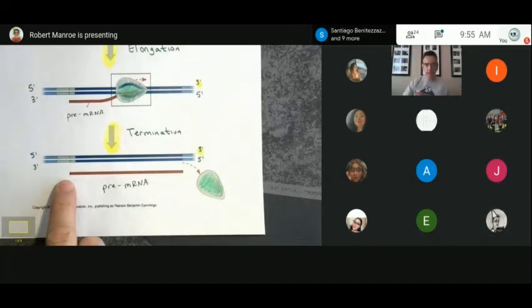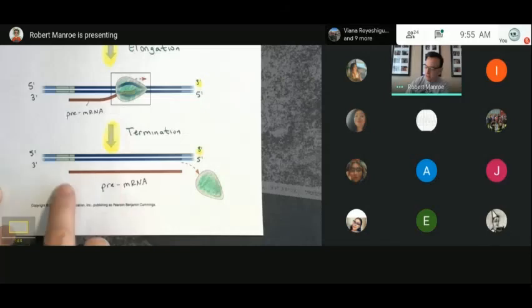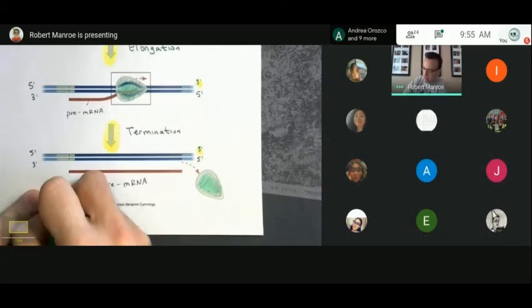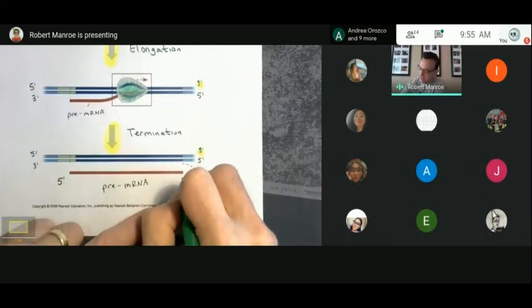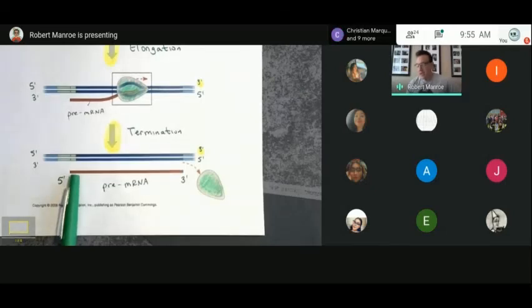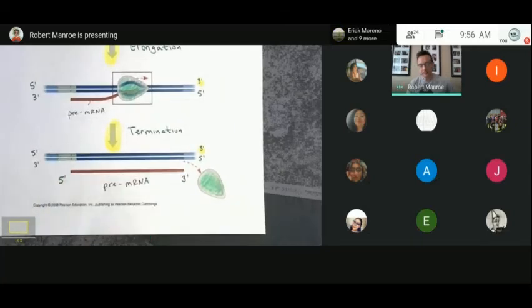Since this transcript is complementary to this bottom DNA strand, this end is the 5 prime end. Which then, when we talk about translation on Thursday, when the ribosome attaches to the beginning of the messenger RNA, ribosomes read the mRNA from here to here, from 5 prime. Cool pictures.